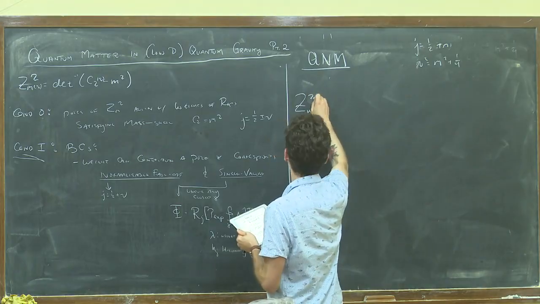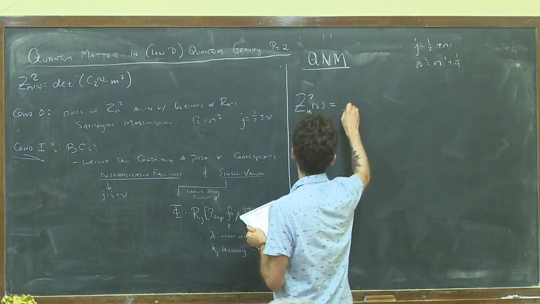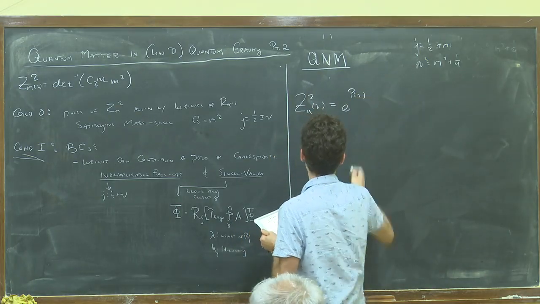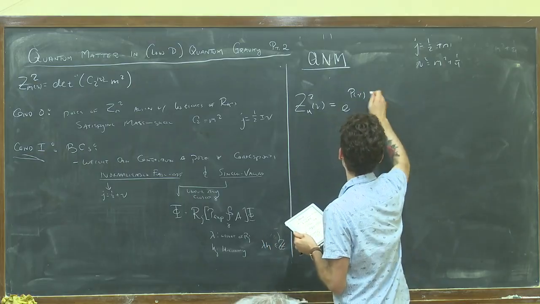So I can write Z squared as the following. I have some polynomial in nu that I have to fix.